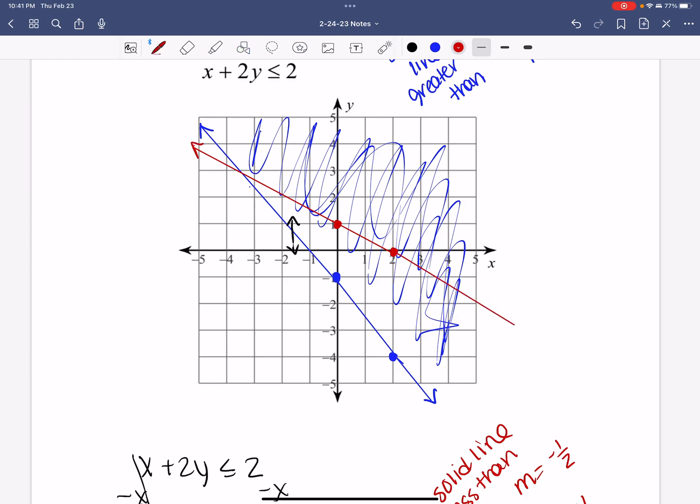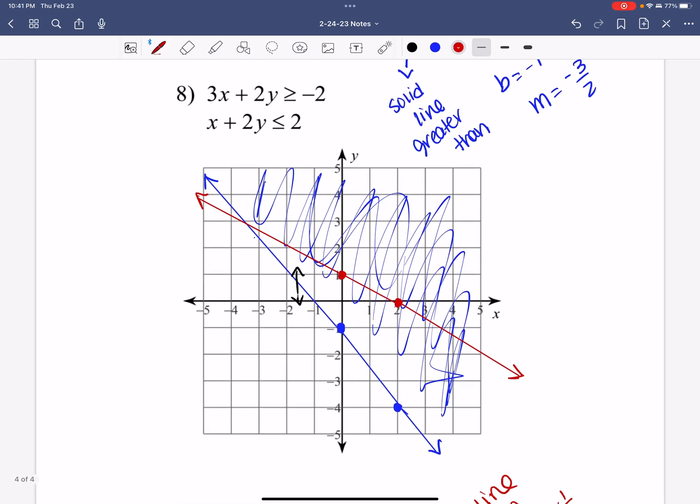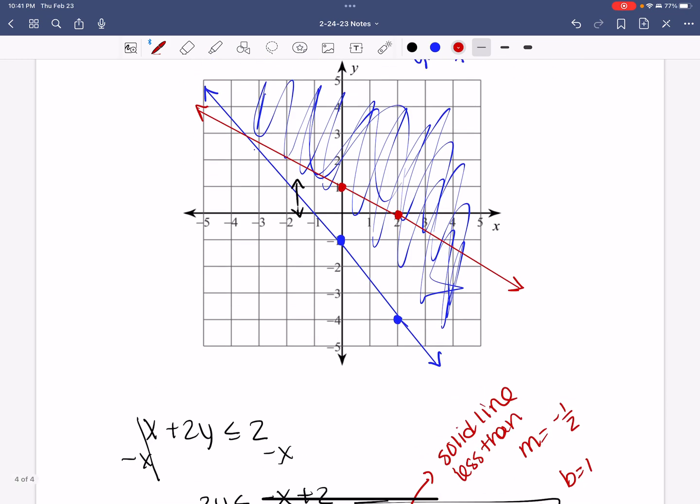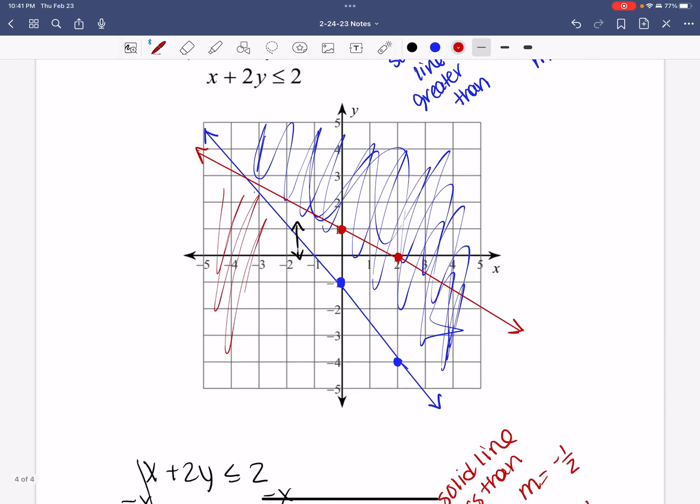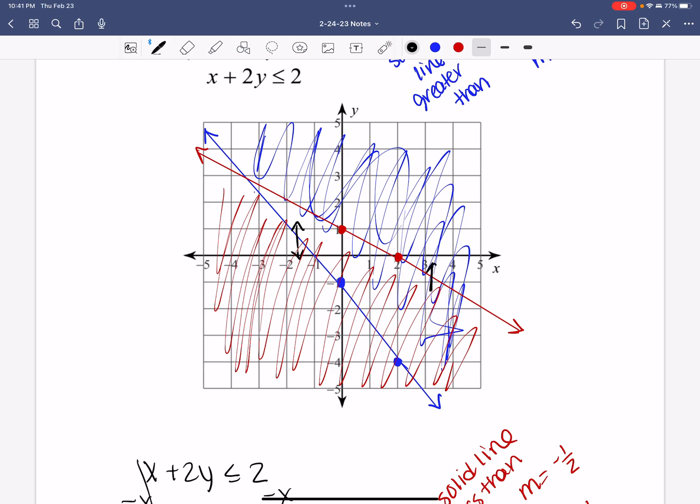Go ahead and do this. Okay. And then whenever I do this, I'm going to go ahead and do less than like it said. And it's going to be all of this. Because whenever I draw my line, it's on my less than.